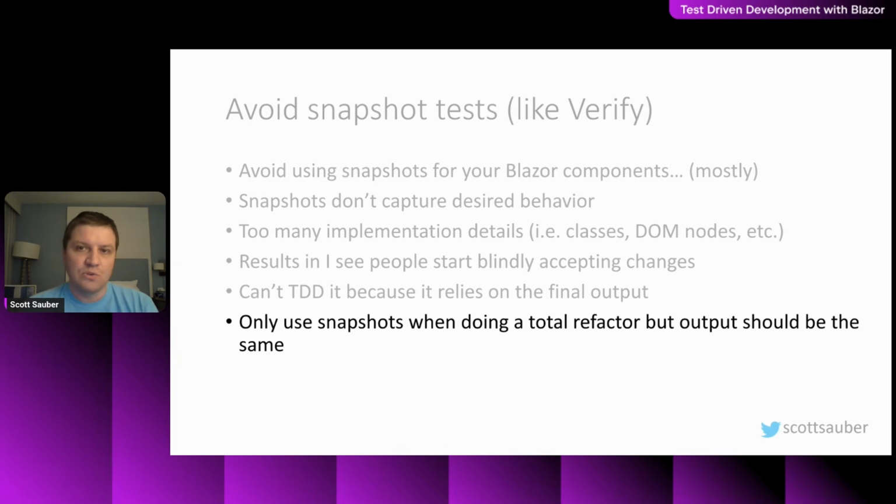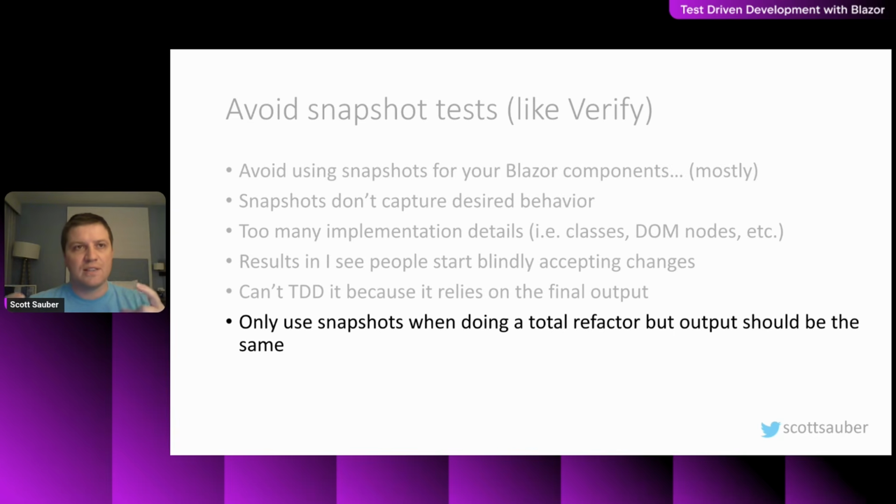However, I do use Verify or other snapshotting tools when I'm refactoring completely how a component should work, but the HTML output should be the same. So I might create an initial test using Verify or some other snapshotting technology that says, when this component's in this certain state, it should have this HTML at the end of the day.